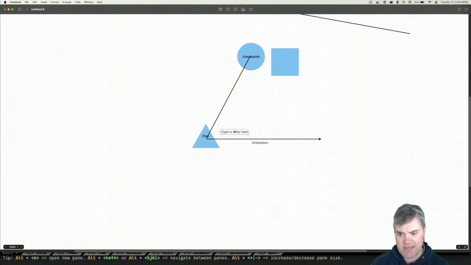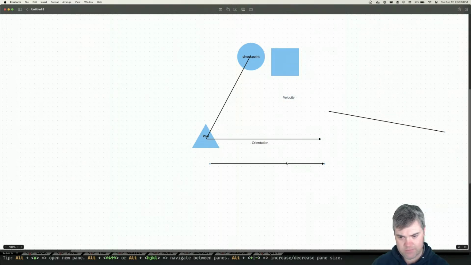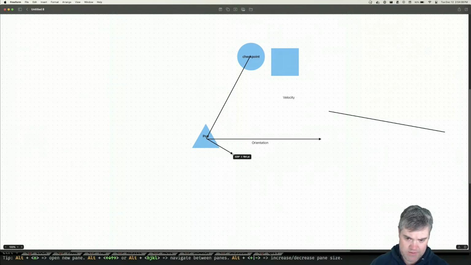But let's say that we have another one, which is velocity. And let's imagine that you're something like this. I do care about that. This angle is probably more important than orientation.